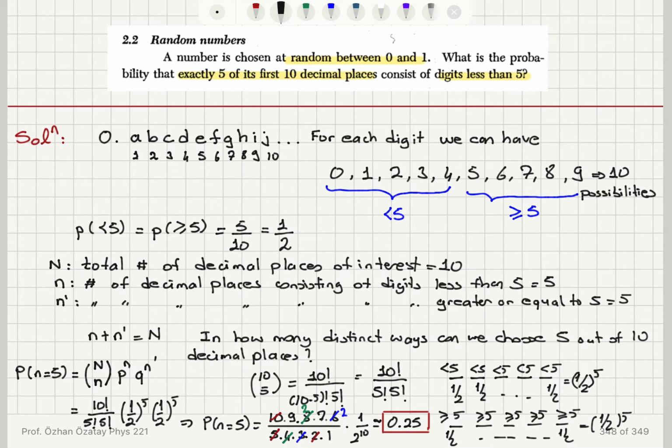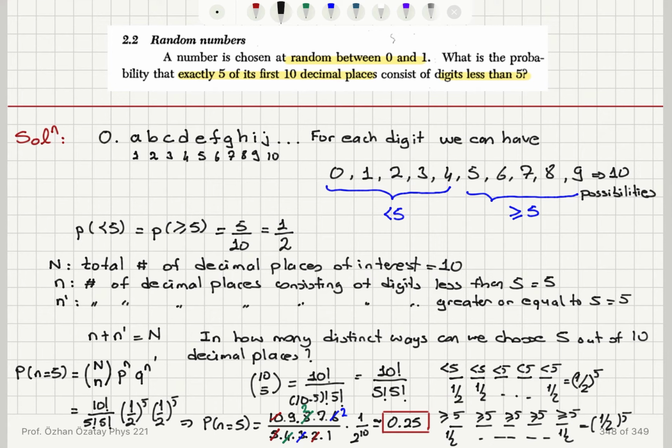But we're looking at the first 10 decimal places, and we want exactly 5 out of these 10 decimal places to have digits less than 5. For a given digit, we can have a value 0, 1, 2, 3, 4, 5, 6, 7, 8, 9, so 10 possibilities. And you can see that 5 of these correspond to a value less than 5, 5 of them correspond to a value greater or equal to 5.